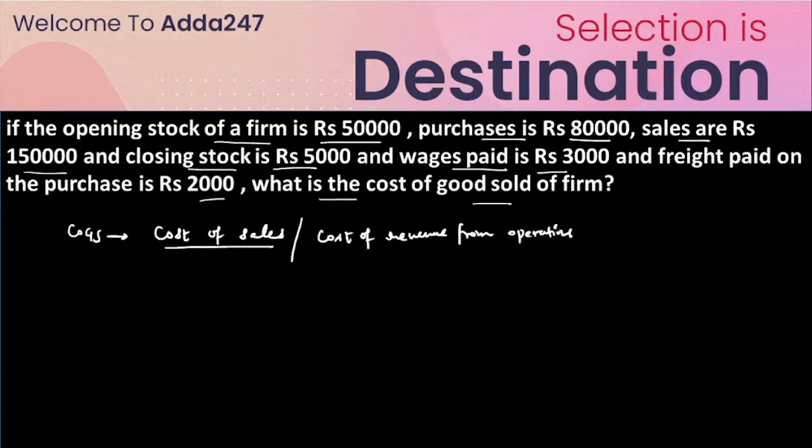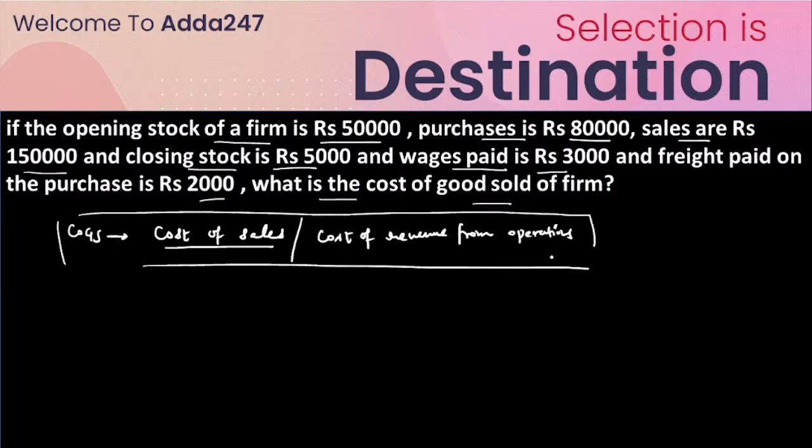So whenever you find a question related to cost of goods sold, always remember that cost of goods sold refers to the cost of sales, or cost of revenue from operations. This is basically the direct cost of producing the goods that are sold by the company.